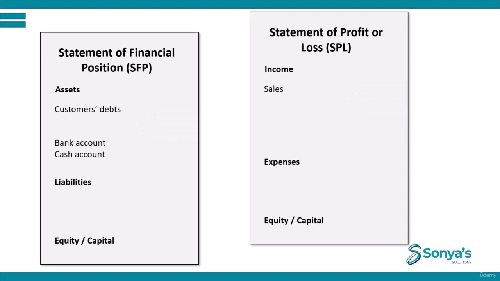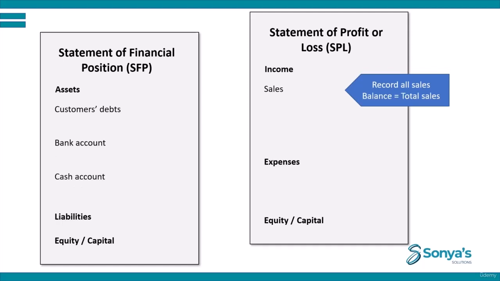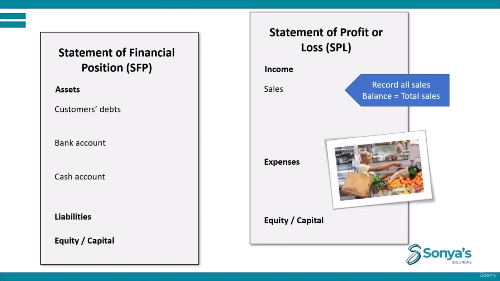When the business sells a product or service, it's always recorded in the sales account. At the end of an accounting period, the total on this account will be used to calculate profit. Recording the equal and opposite effect depends on the type of sale. For example, a supermarket's customers are all likely to pay for what they buy immediately.